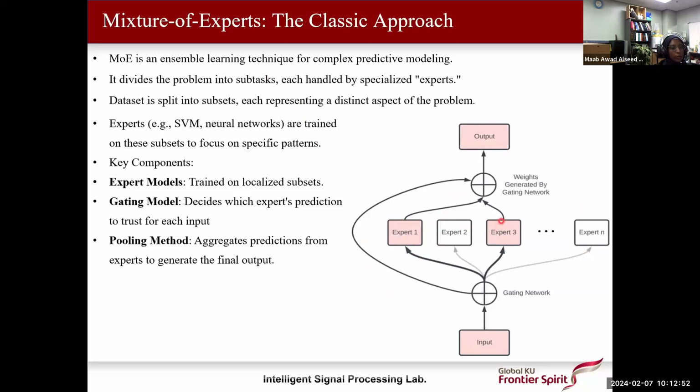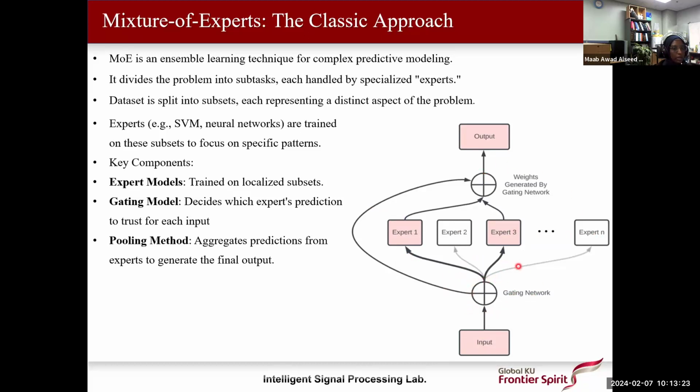Each network will be trained on specific tasks, for example, expert 1 will be trained on subset 1 and has the highest performance across all the experts on it, and so on.